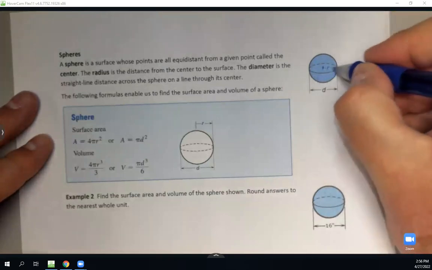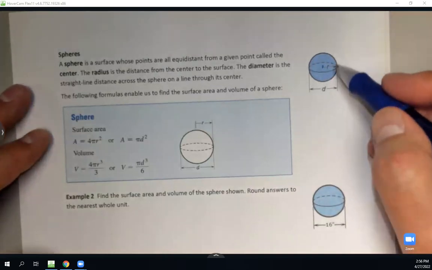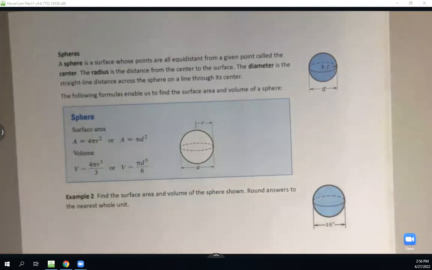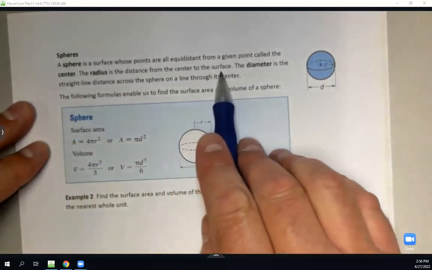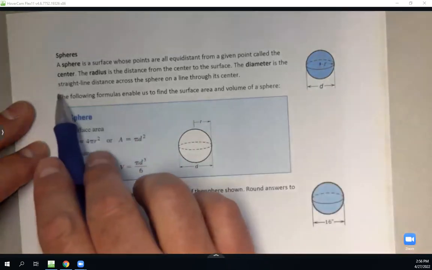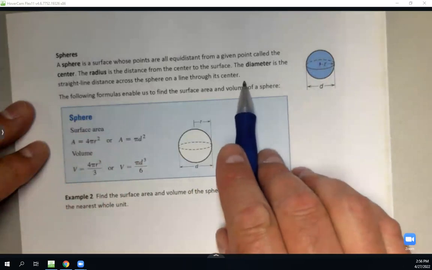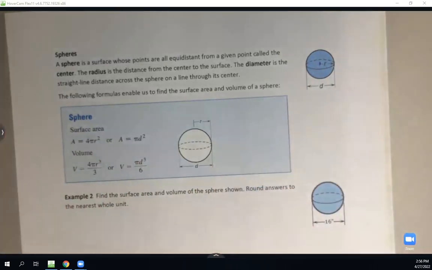And so whether you go left or right or forward or backwards or up or down or diagonal, all of the points that are on the surface of that sphere are the same distance from the center. The radius is the distance from the center to the surface. The diameter is the straight line distance across the sphere on a line through its center. Makes sense? You've seen spheres before, I'm guessing.